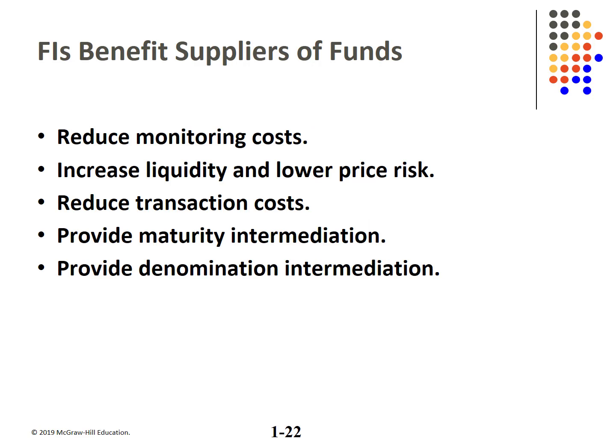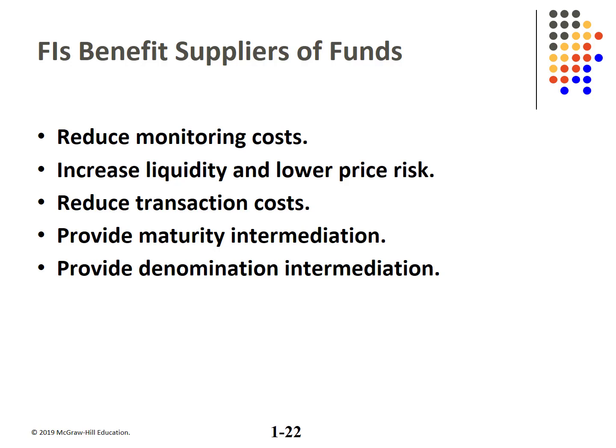Consider investing individually versus via a mutual fund. The mutual fund managers choose the securities and provide continual monitoring of the firms. Because they pool funds from many investors, they can trade in larger quantities and reduce transaction costs. With a mutual fund, you can cash out at any time, providing significant liquidity. Fund managers can also provide both maturity and denomination intermediation.